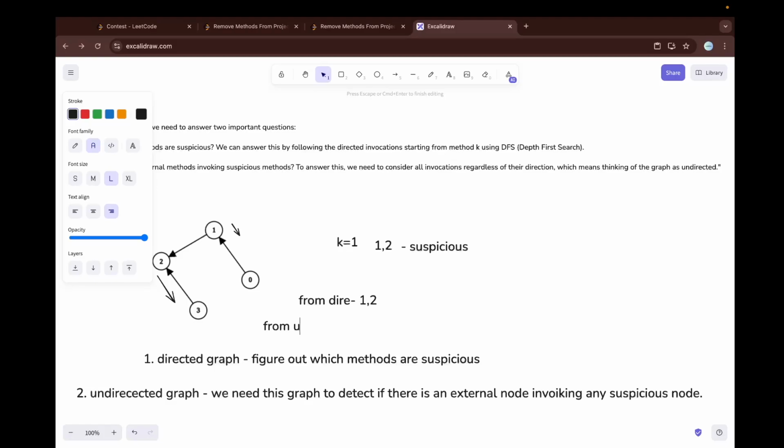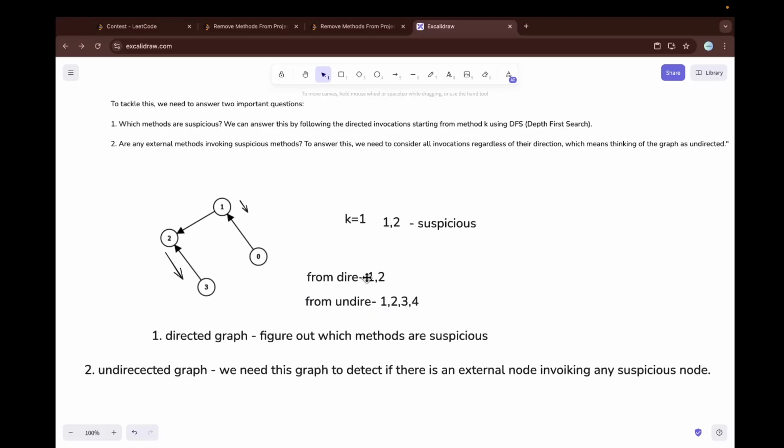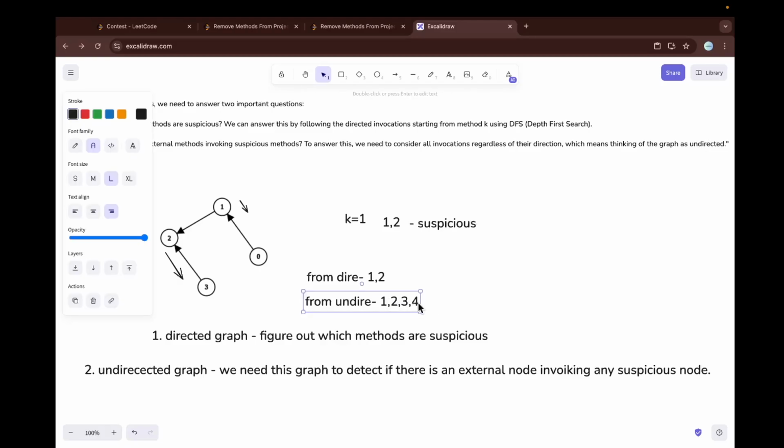But from the undirected graph, we can reach 1, 2, 3 as well as 4. From the directed graph, if we are doing DFS from 1, we are reaching 1 and 2, and from the undirected graph, if we are doing DFS from 1, we are reaching 1, 2, 3 and 4.